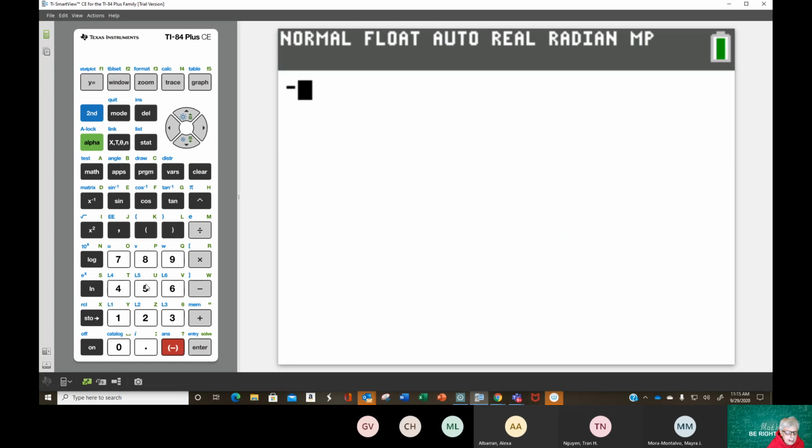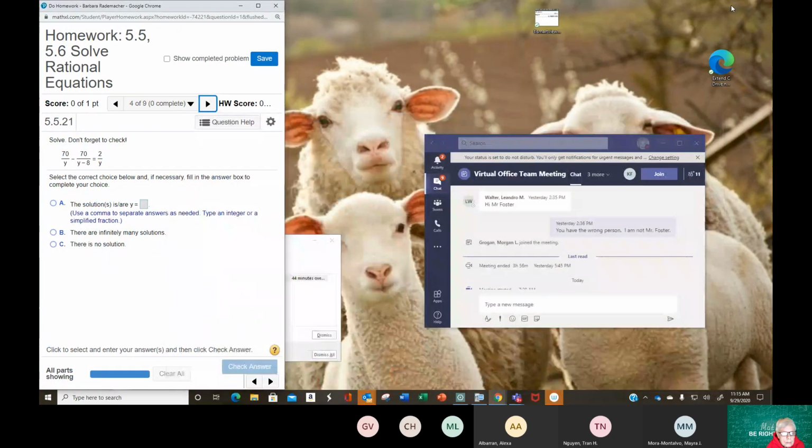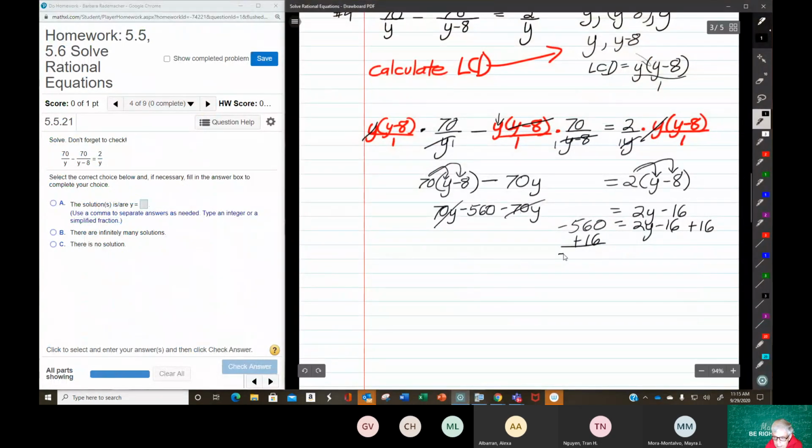Okay, I'm just going to say -560 plus 16, -544 equals 2y, because this is 0.